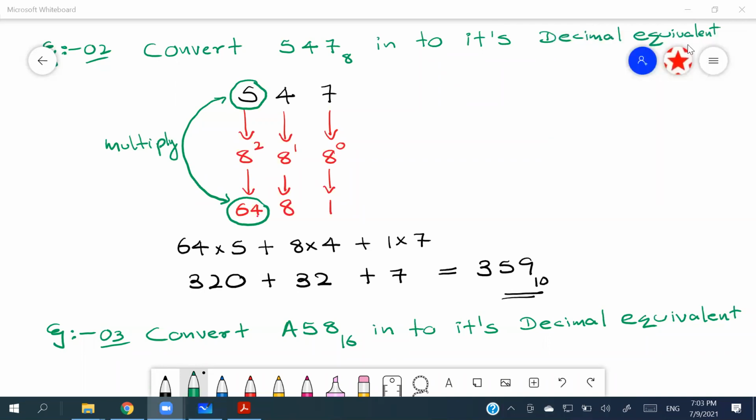Yes, base 10 is important, because when we are referring to different kinds of bases, it's better you mention the base, even if it is decimal.